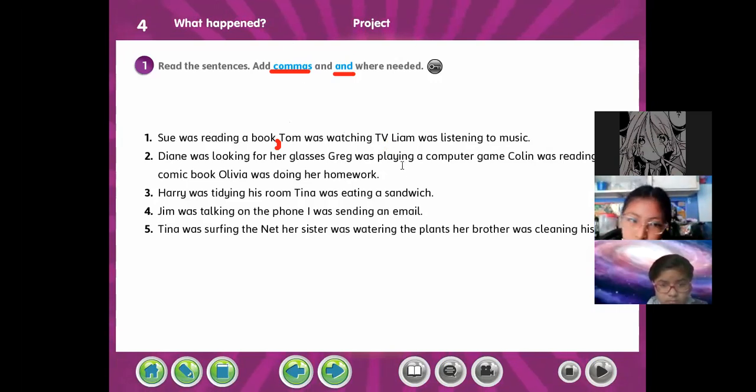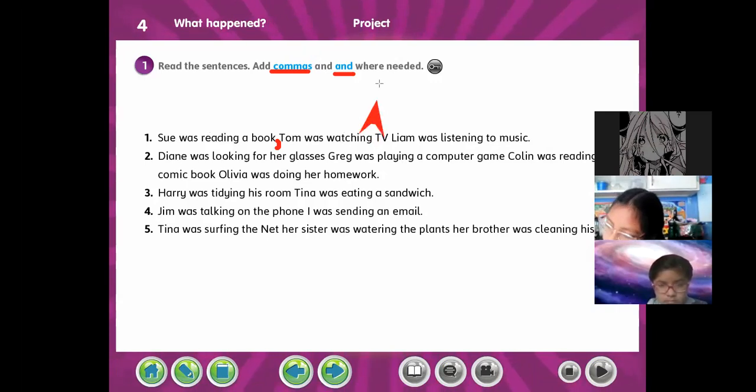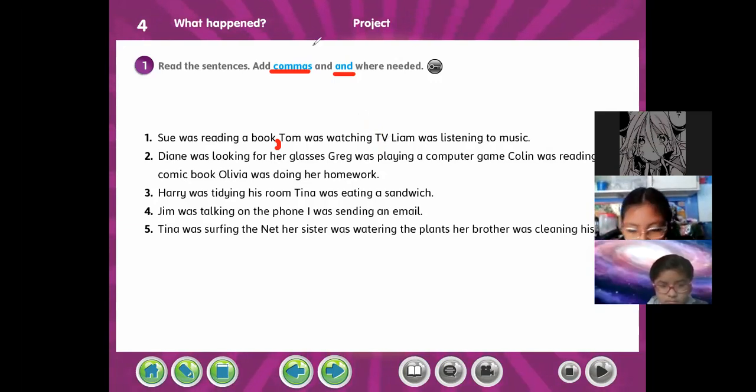Another idea? And. Remember, boys, girls, you mention one sentence, one idea, the second idea. To mention the last idea, you need to use and.